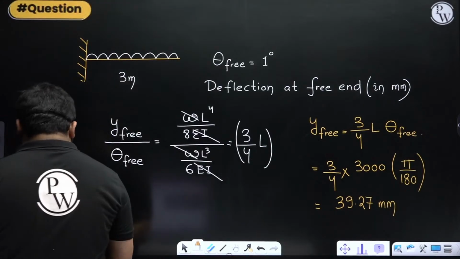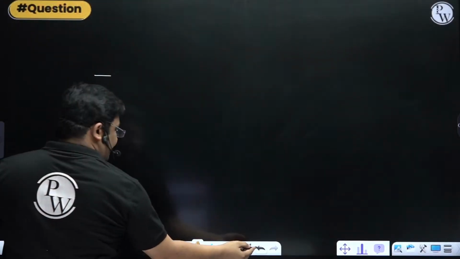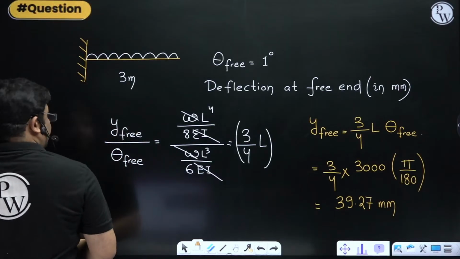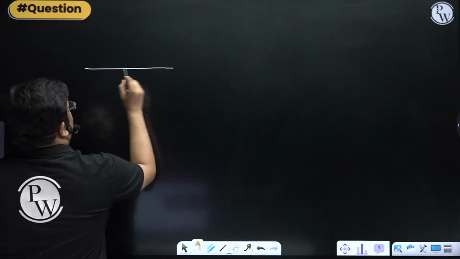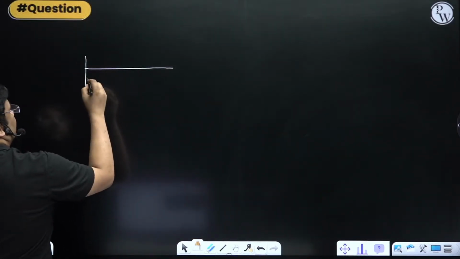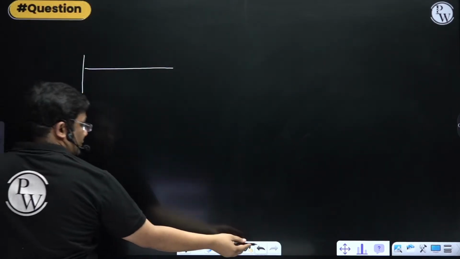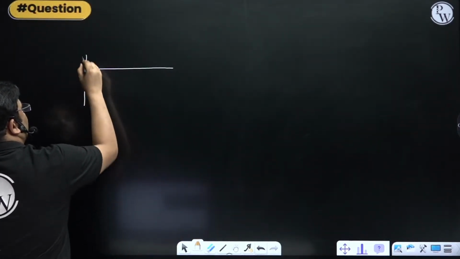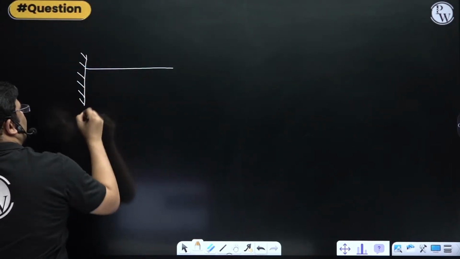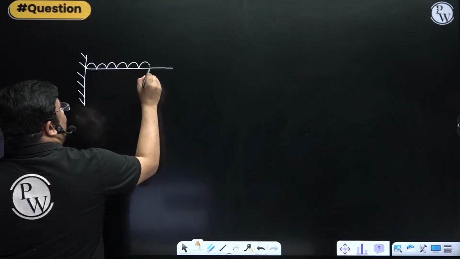Another question you solve and tell me. Here we have a cantilever beam only. Now UDL is acting like this.